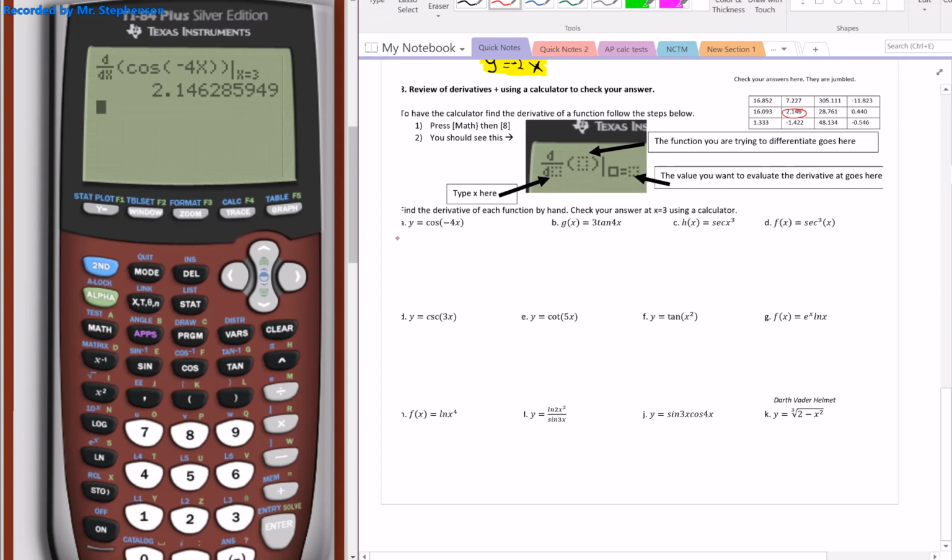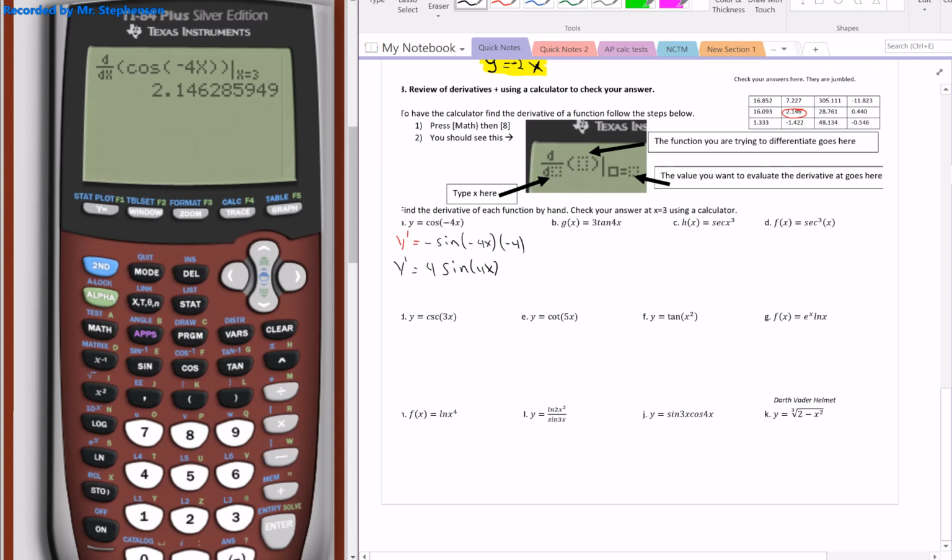But part of this is also taking it by hand, right? So the derivative of cosine negative 4x is going to be negative sine negative 4x times negative 4, which basically just ends up being 4 sine 4x.